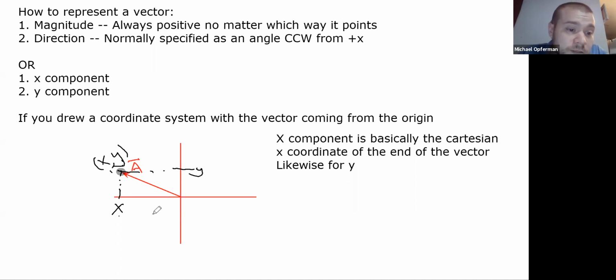So in other words, you can specify the vector in one of two ways. You can either say how long is the vector and in which direction, or you can say how far is it in x and how far is it in y. A good example of that is the example of giving directions, which I've been using a lot in the videos so far. An example is 2 miles east of here. Let me give a slightly more complicated example.